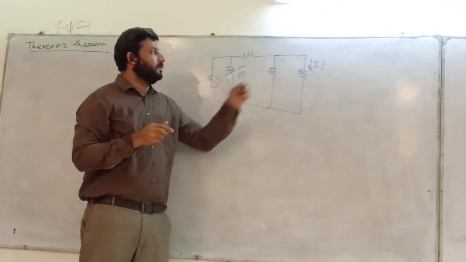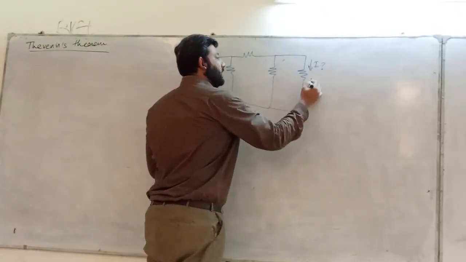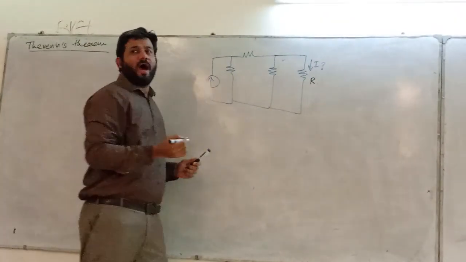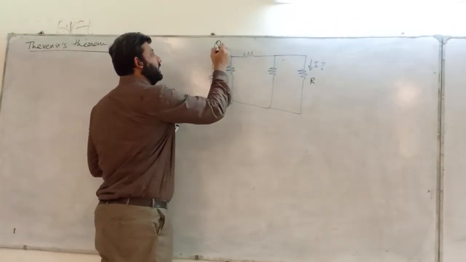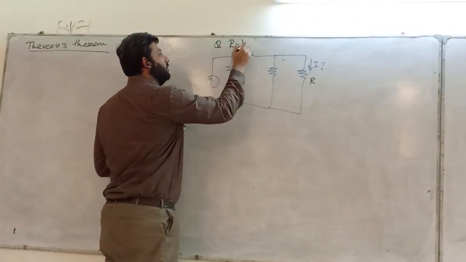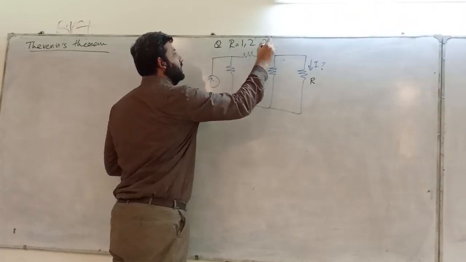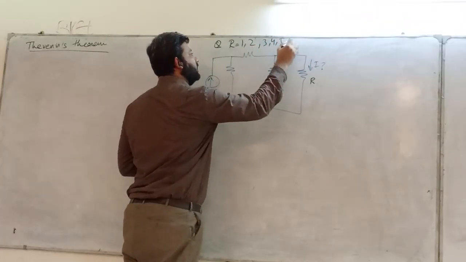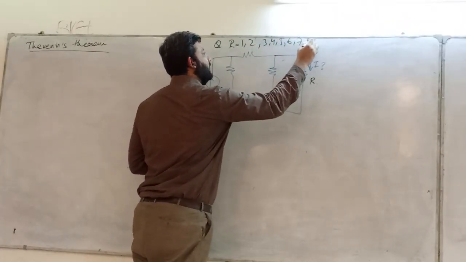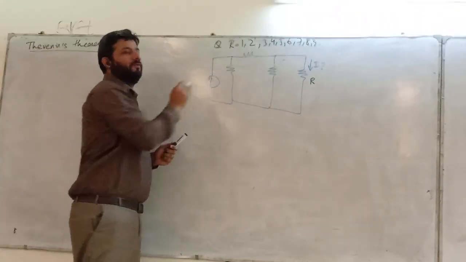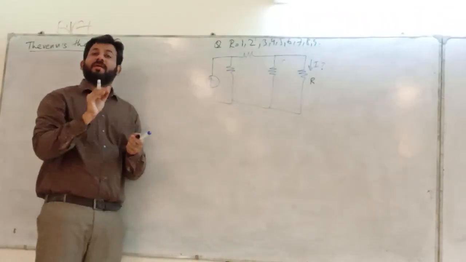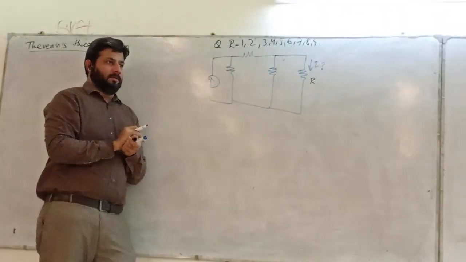Find the current of this resistor, and its value is R, and in the question it is written R is equal to 1, 2, 3, 4, 5, 6, 7, 8, 9, and you need to find I for every different resistor.